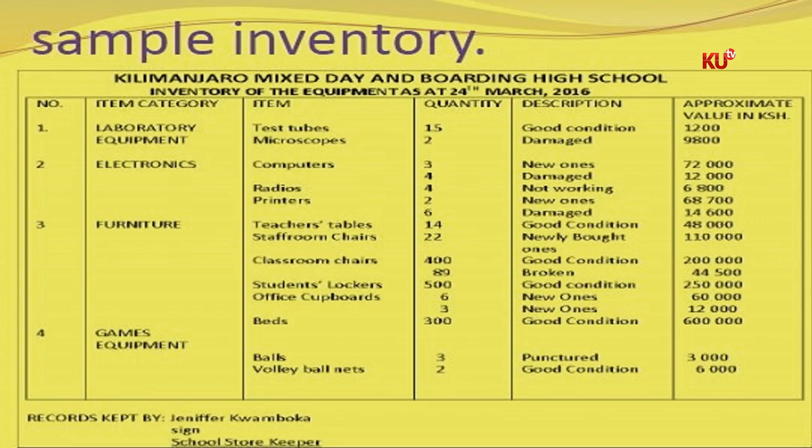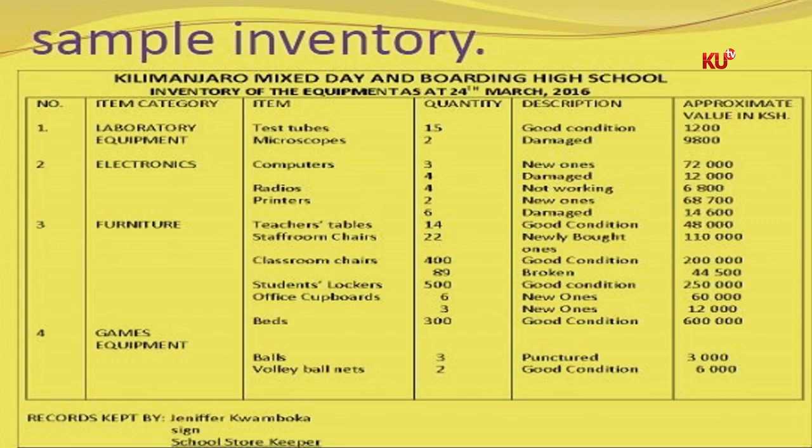And then the inventory helps you keep a record. You get to know what you can add. Once you check your records and you see what you have, it's very easy for you to know what you will add. We can see we need to add some chairs, some balls, a printer, and so on. So I hope you can understand that sample.